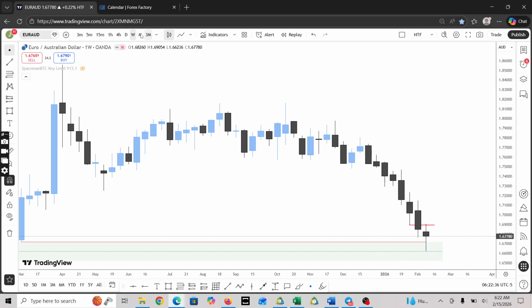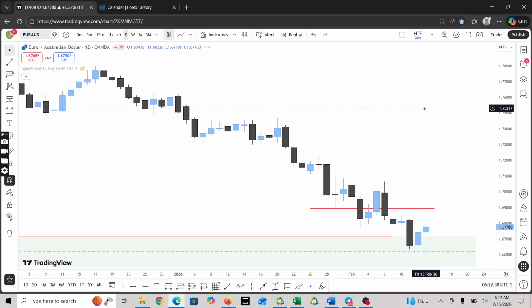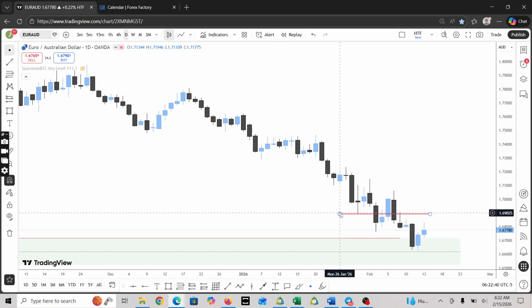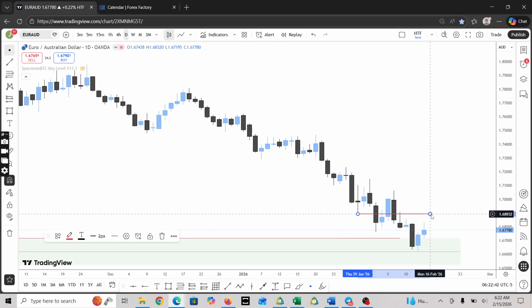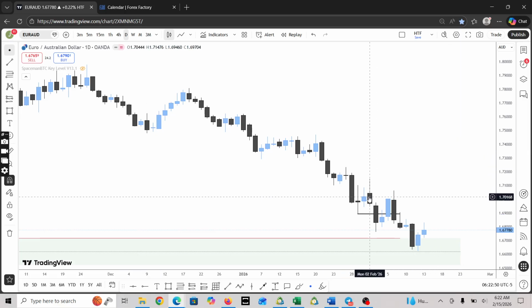And so now let's switch to the dailies and witness the sort of signatures that are happening on the dailies, right? You could see that we created a range here, price reached into it, and then on Friday, price closed below this, and then this is the opening week for Monday.